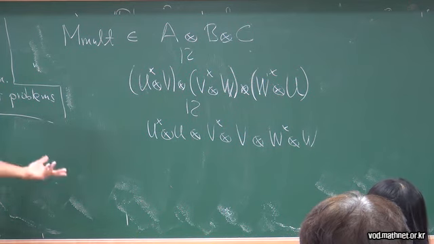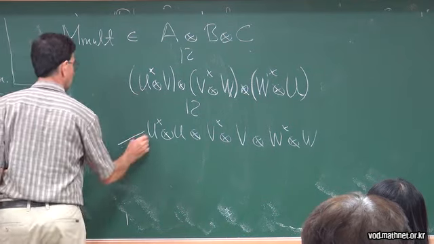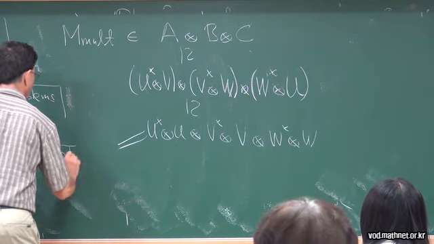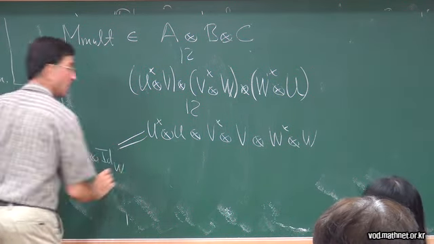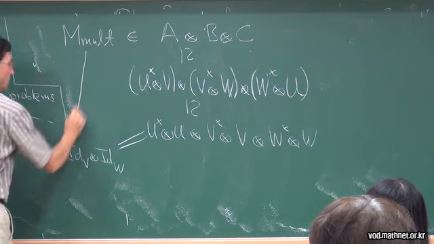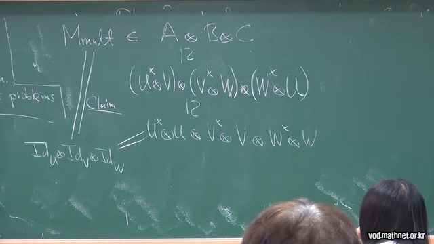And now we see there's a very special point in here. It's just the identity map on U, tensor the identity map on V, tensor the identity map on W. And the claim is this is the case.